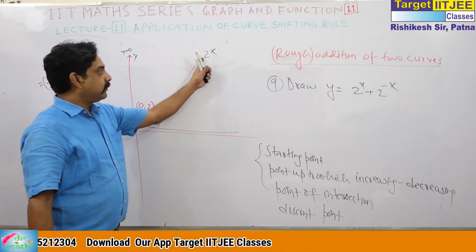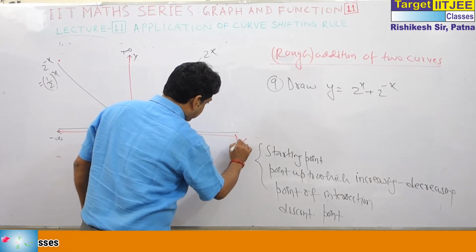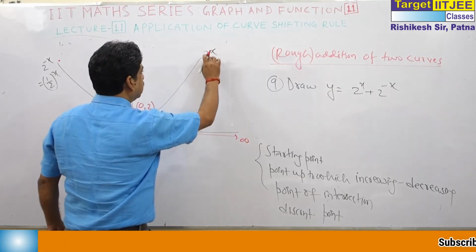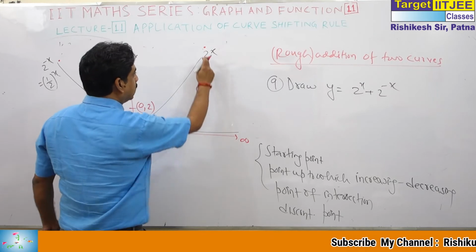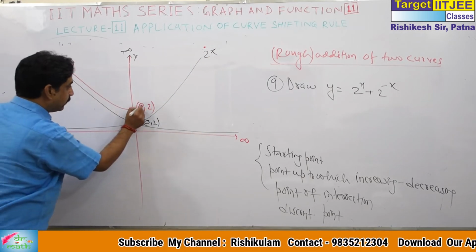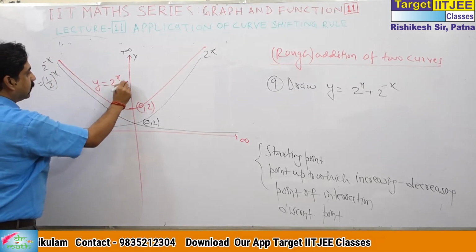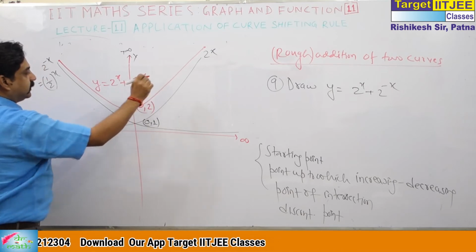Now it increases up to infinity and it decreases up to 0. So when we consider x equal to infinity, this is 0 plus infinity, which is again infinity. So we start from here, go from here and go from here. This is the graph of y is equal to 2 to the power x plus 2 to the power minus x. Simple.